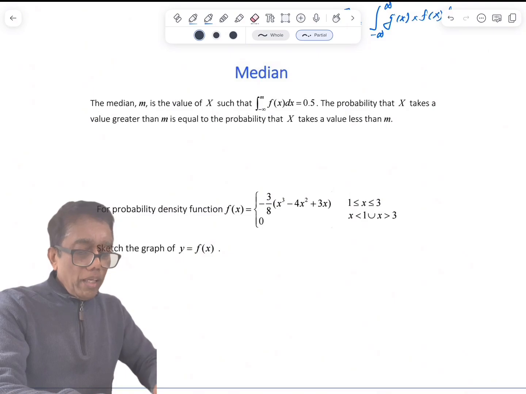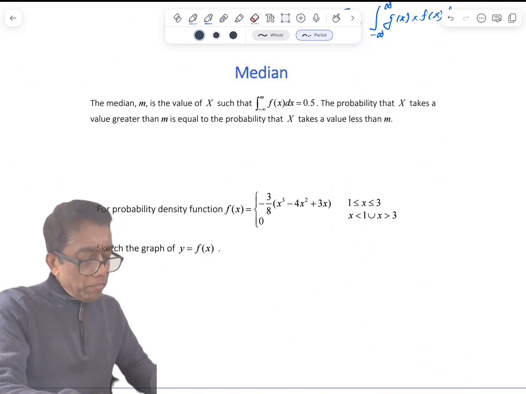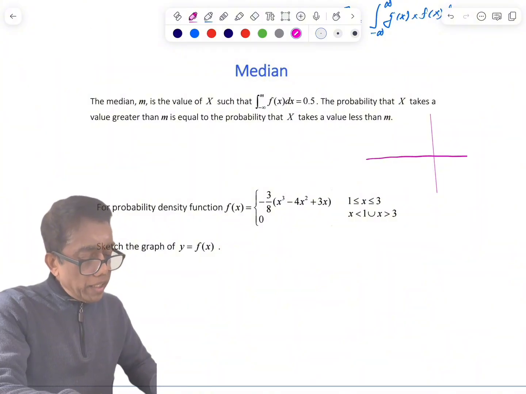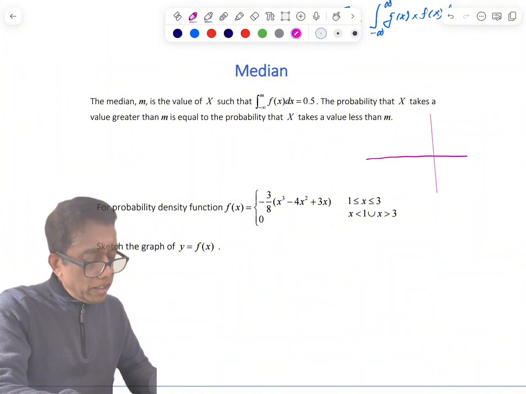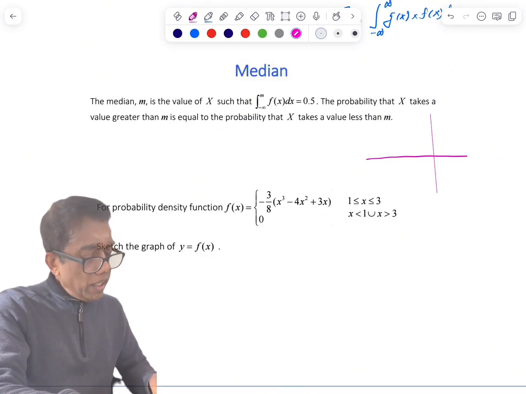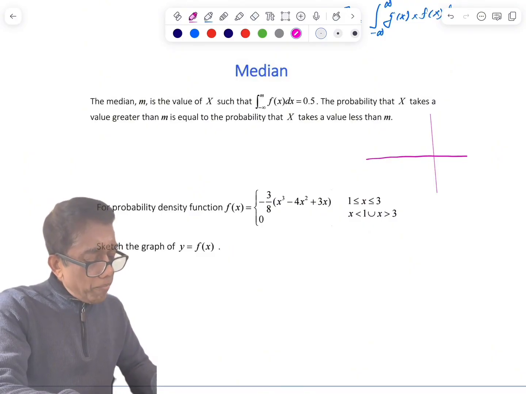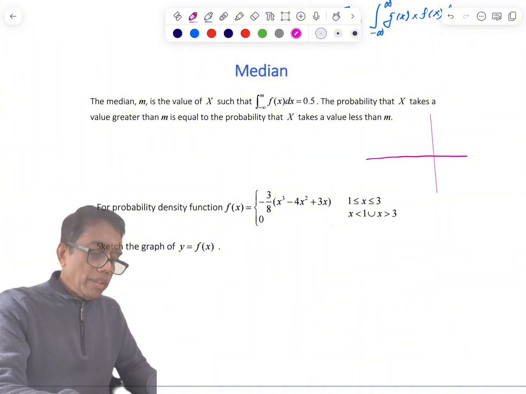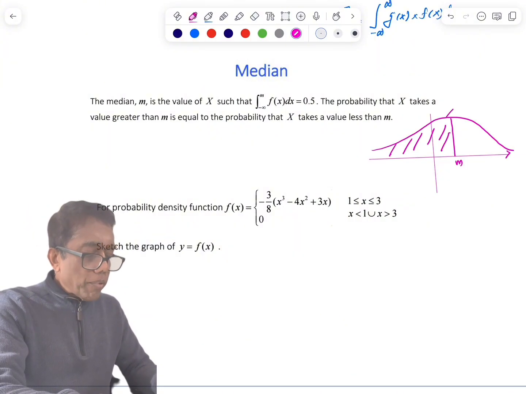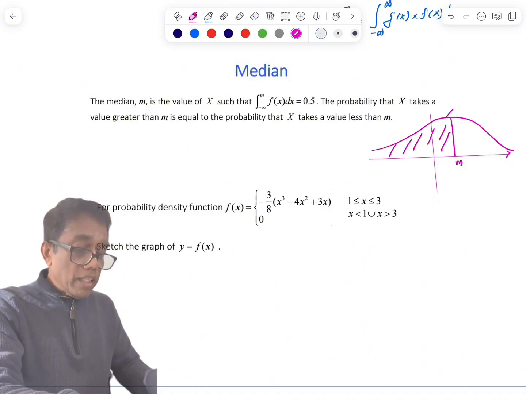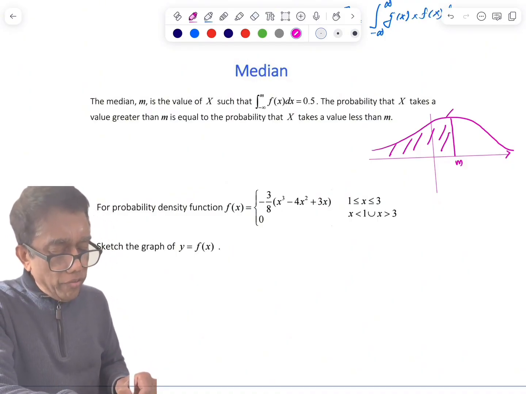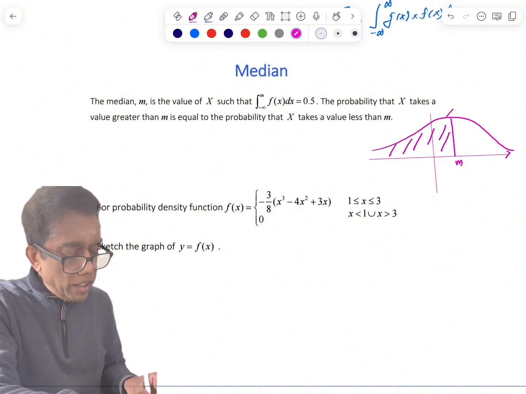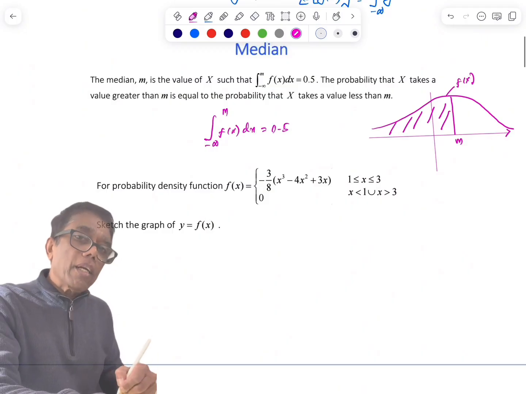As an example, I'll draw a small diagram of the probability density function. If the median is m, the area under this curve f(x), that means the integral from negative infinity to m of f(x) dx, should be equal to 0.5, where m is the median value.